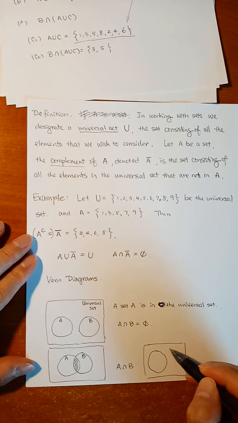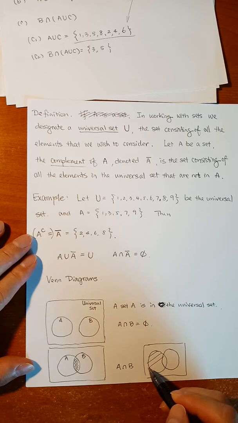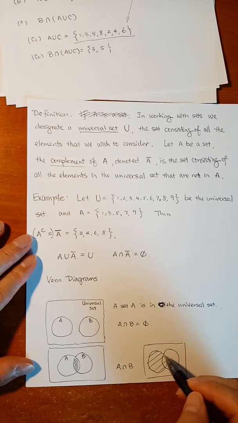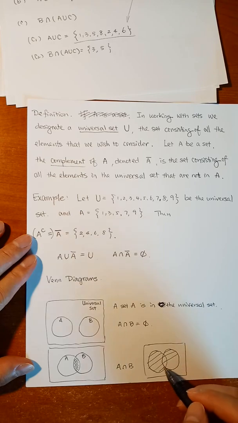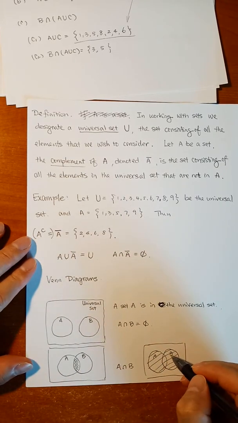You have A, you have B, then the union will be all the parts shadowed, covered by A and B, like those two potatoes.